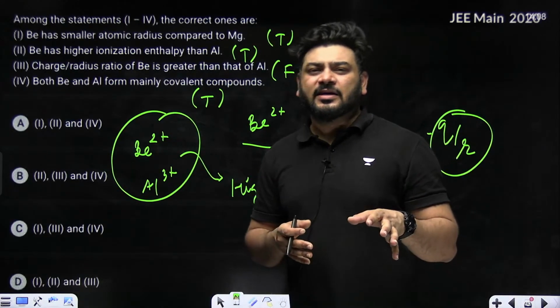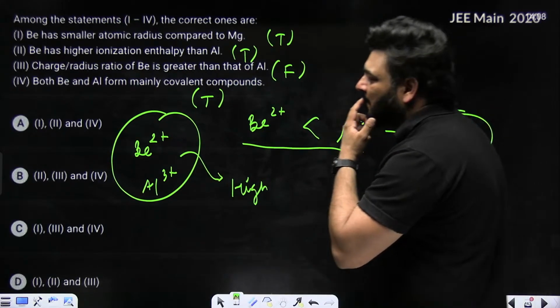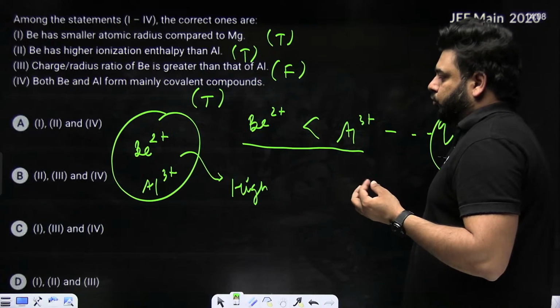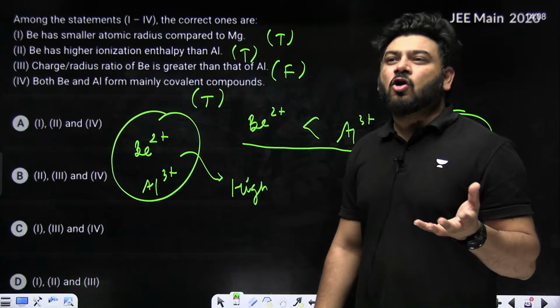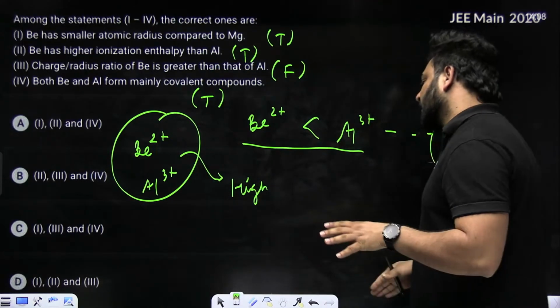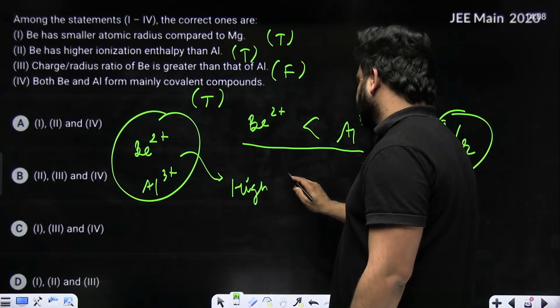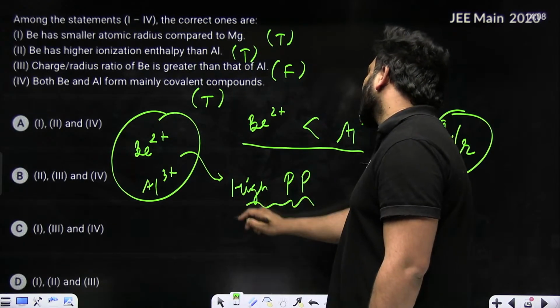In chemical bonding, we study a simple thing, Fajan's rule, which explains the covalent character present in ionic bonds, and that's why this is high polarizing power.